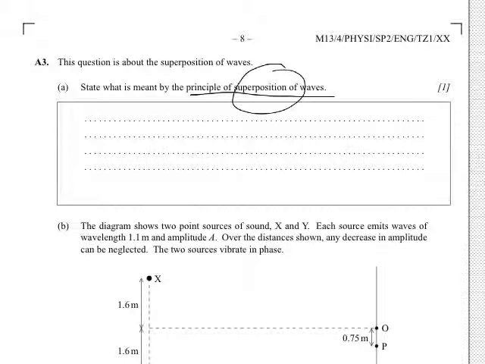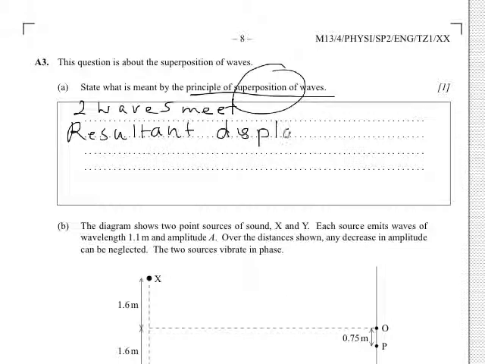And that happens because when 2 or more waves meet, but 2 will be acceptable according to the IB, when 2 waves meet, their resultant displacement is the sum of all the individual displacements of the waves.